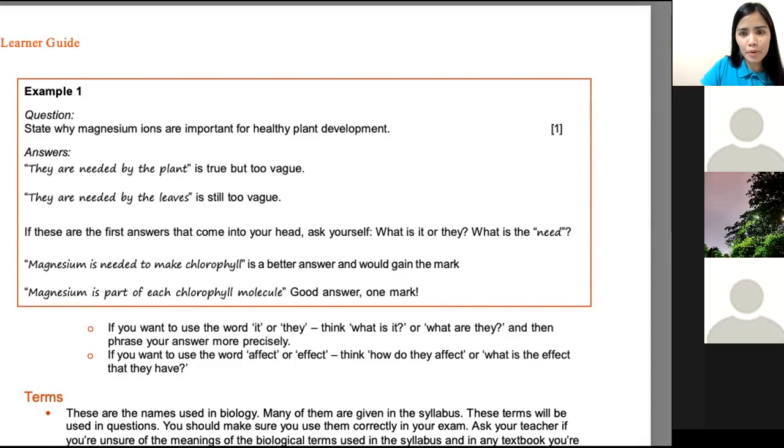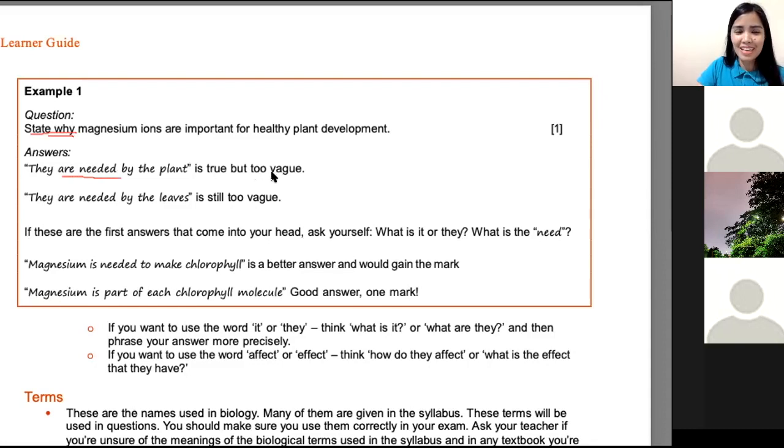This is the example. The question is, state why magnesium ions are important for healthy plant development. So you have to state why. An example answer is they are needed by plants, which is actually correct, right?